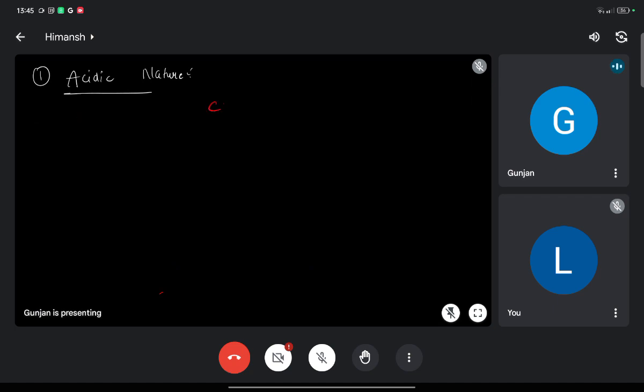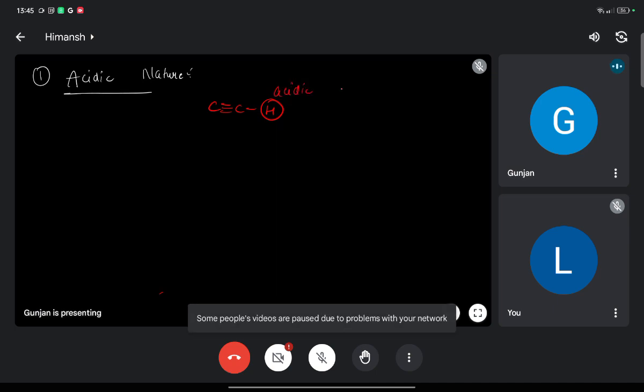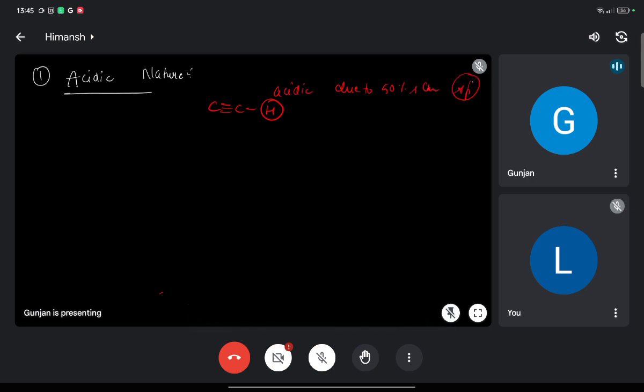As I told you, the hydrogen attached to the triple bonded carbon is acidic due to the 50% s character of the sp hybrid carbon. The acidic order is: alcohol, then water, then methanol, and so on. We will discuss this in the alcohol, phenol and ether chapter: alcohols are less acidic than water, but methanol is more acidic than water.